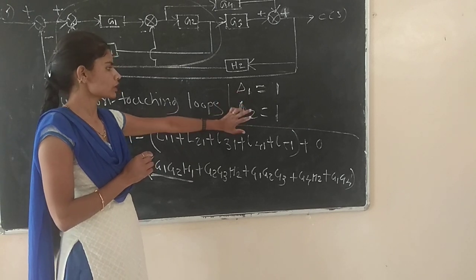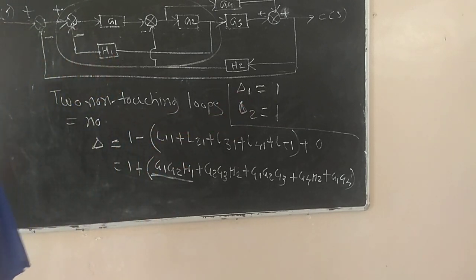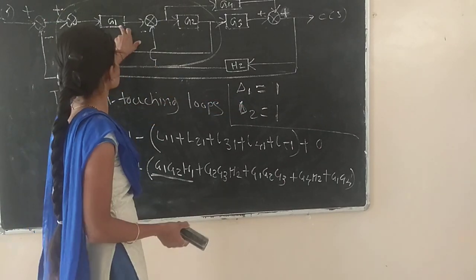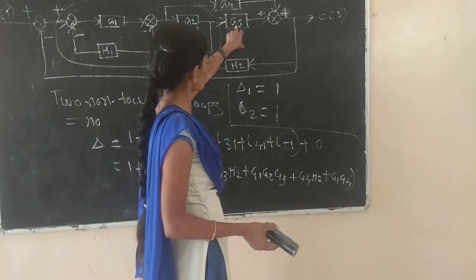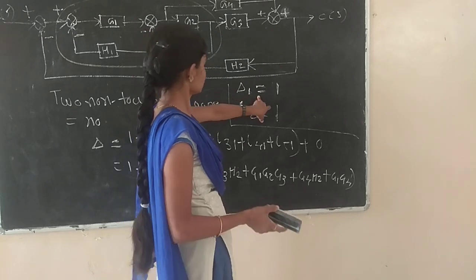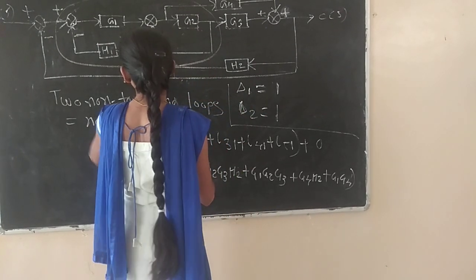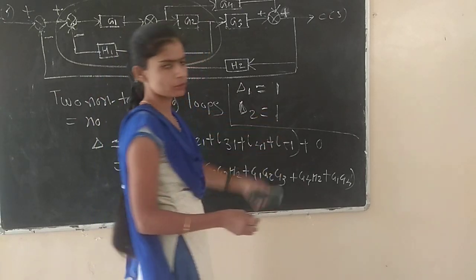Means value of del 1 and del 2 becomes 1. The first forward path is G1, G2 and G3, and second forward path is G1, G2 and G4.